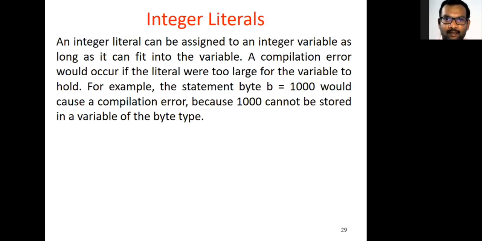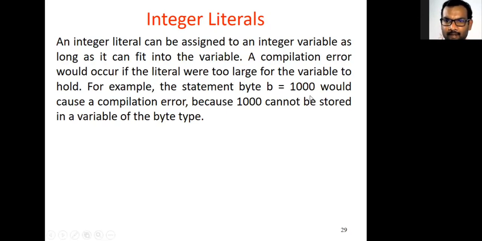Integer literals. Whenever we are declaring a variable, the value should be given in such a way that it fits into the range of that type. For example, if you want to store the value 1000 into the byte variable b, the range of byte is 1 byte, that means minus 128 to plus 127.